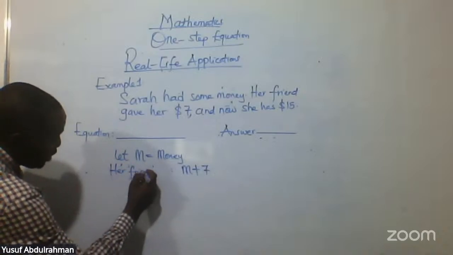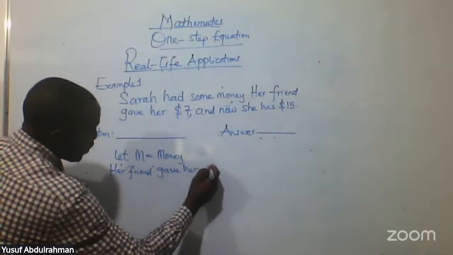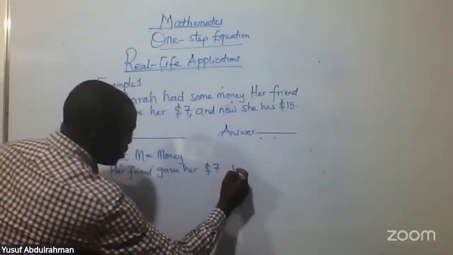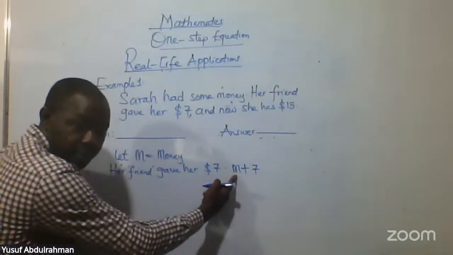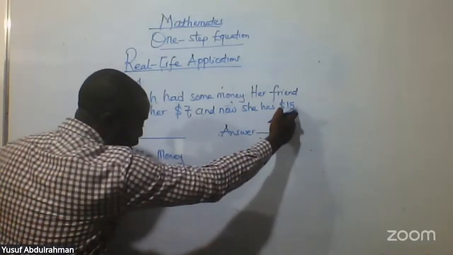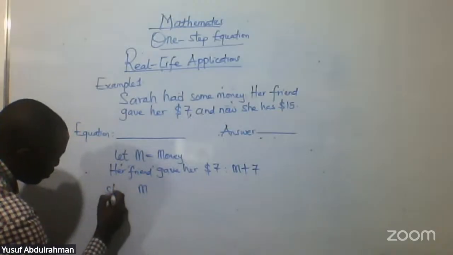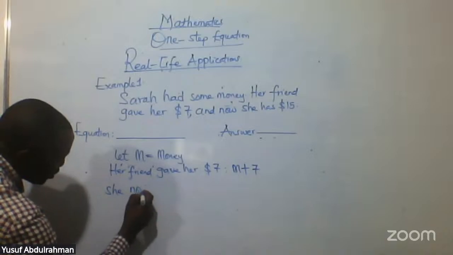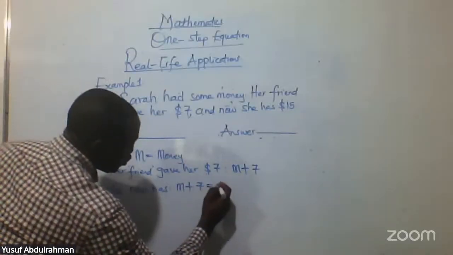Her friend gave her $7, so that will be M plus $7. When we add 7 to M, which is what she had, she now has $15. Let me just repeat: she now has M plus 7 equals 15.